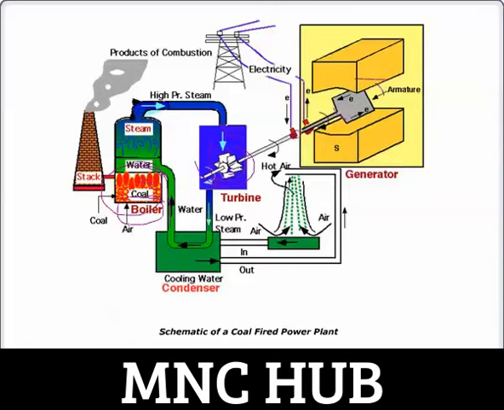And this turbine is hooked up to a generator. This generator is nothing but a magnetic field. In other words, that magnetic field is created by these poles, north and south, and these yellow ones are basically the magnets.